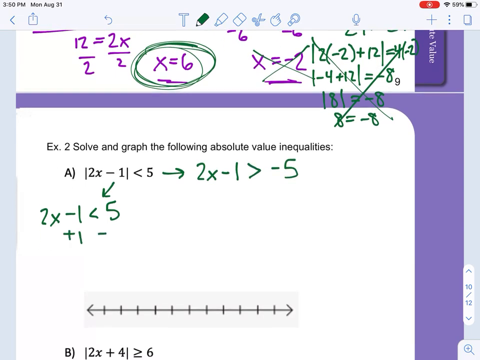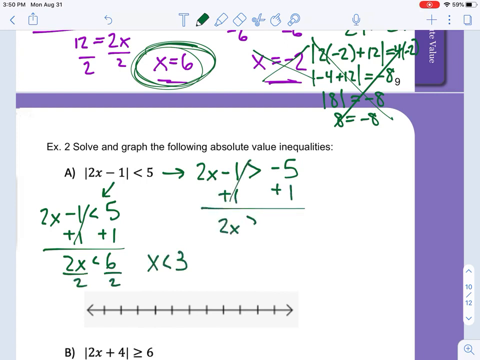And then we solve. So I have x is less than 3 and x is greater than negative 2. We need to graph it.